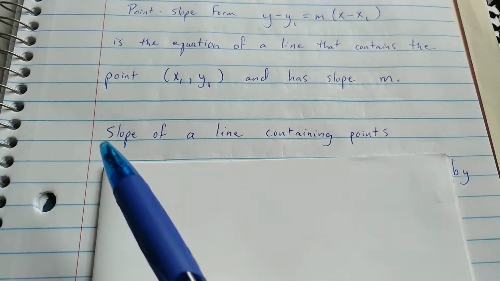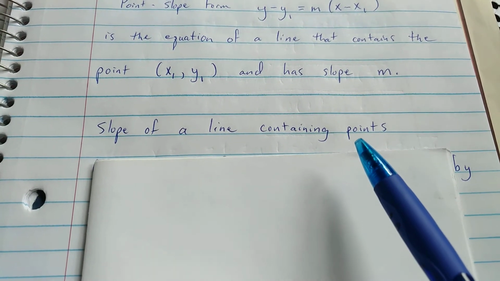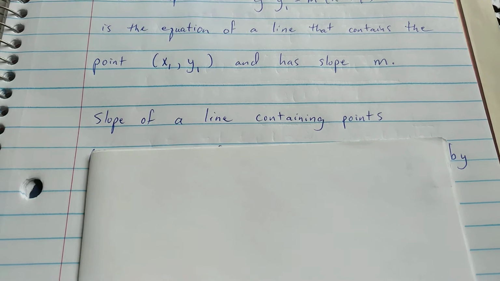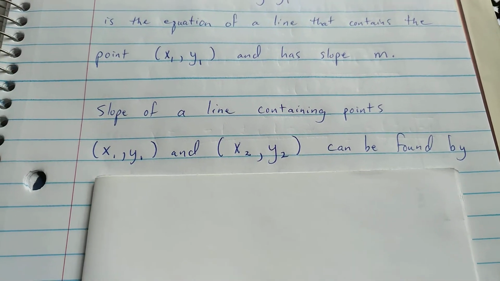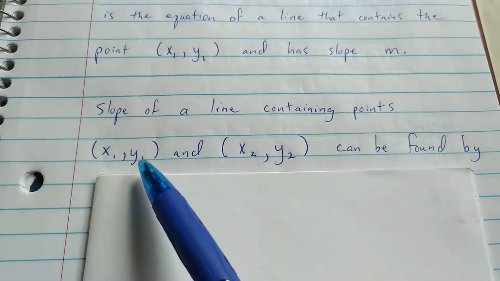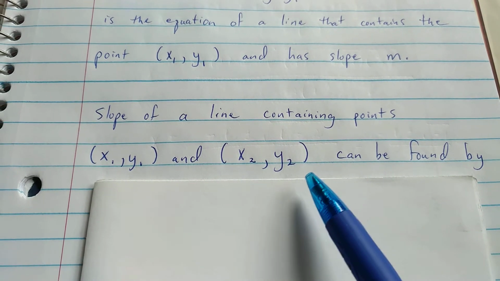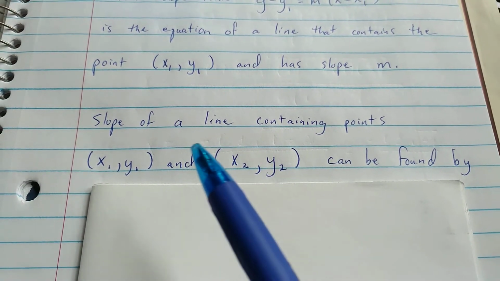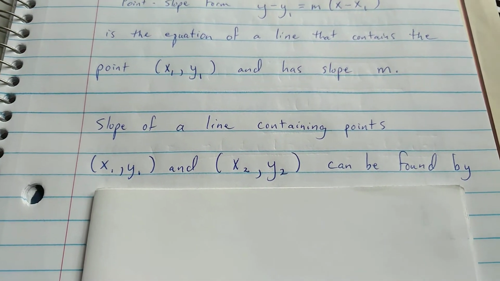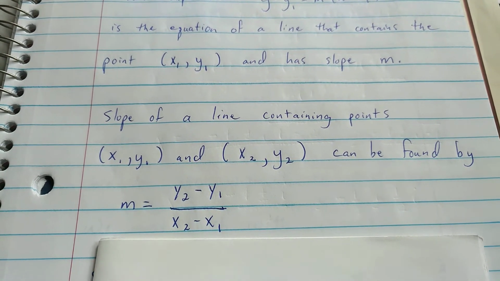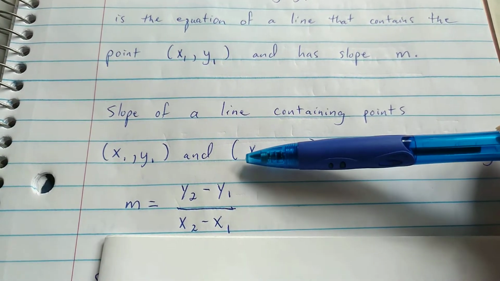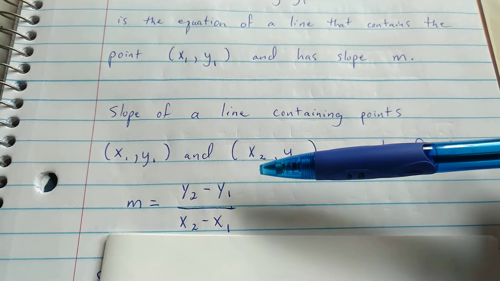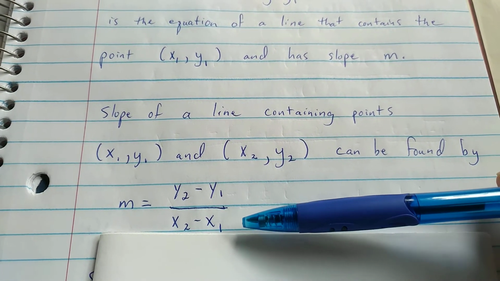The slope of a line containing two different points, let's say the points are called x1, y1 and x2, y2, can be found by a formula we should be familiar with, which is m equals y2 minus y1 over x2 minus x1.